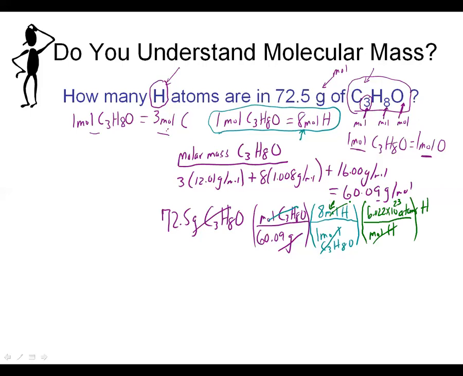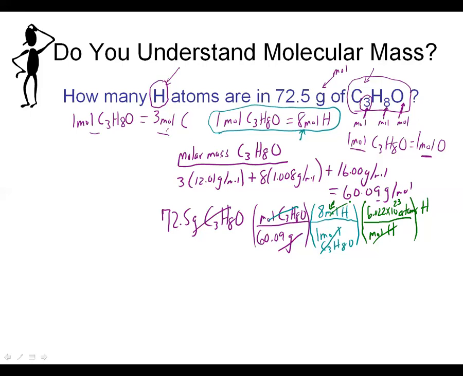At this point, what we want to do is multiply everything across the top. So that's 72.5 times 8 times 6.022 times 10 to the 23, making sure we use our exponent button. I would hit equals, and then we're going to divide it by 60.09.